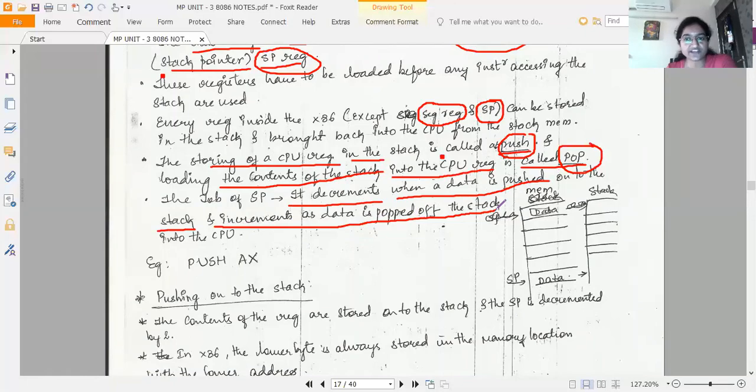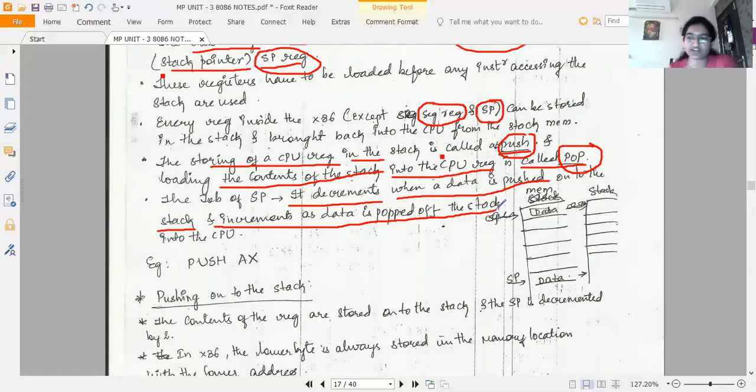And whenever the content from the stack is being loaded into some register, into the processor, then the content of the stack pointer will increment. The content of the stack pointer is the offset address, isn't it? So the content of that SP will increment.